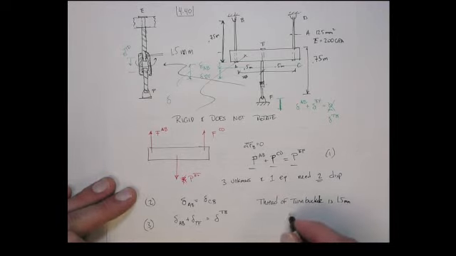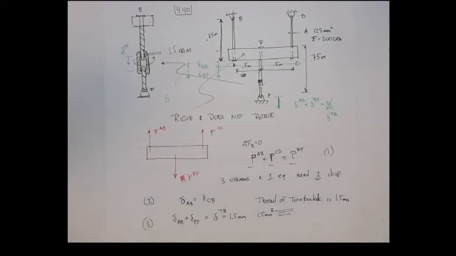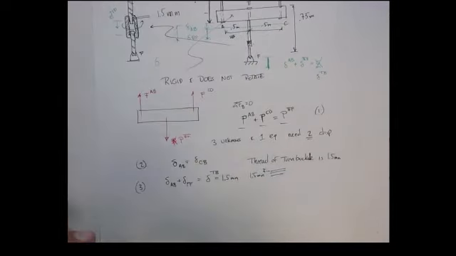So that means if you look at the thread, each thread comes down. In one turn, it'll drop down 1.5 millimeters. You turn it once, that means the total elongation of the system has to change by 1.5 millimeters. If you do it twice, it would be 3. If you turn it the other way, you'd actually be compressing them, so this would be a negative number, okay?